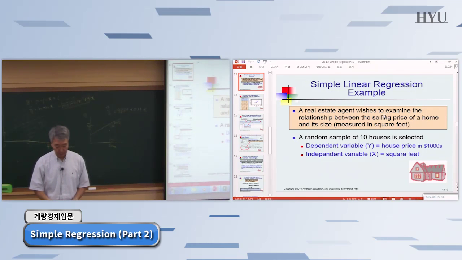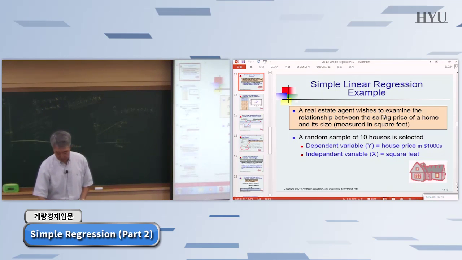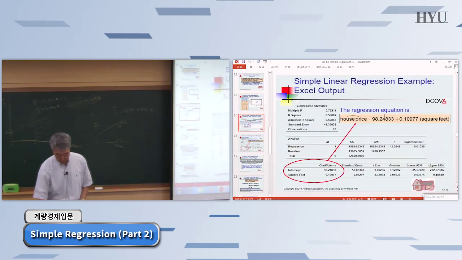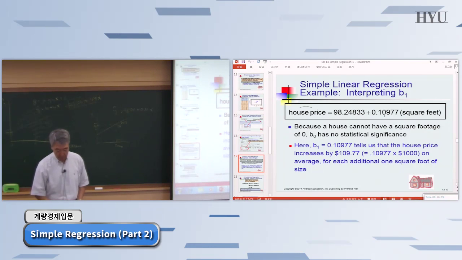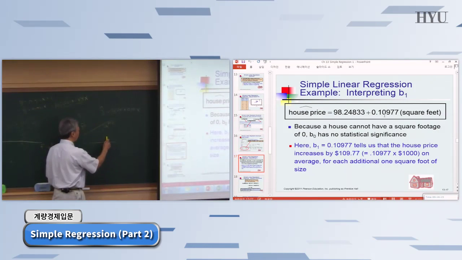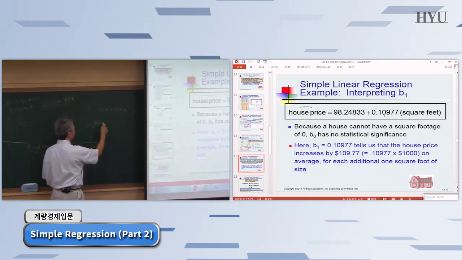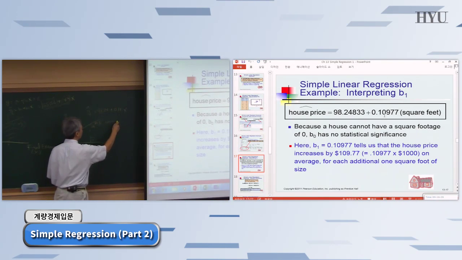Y value, square feet. The x is measured in square feet, but y is measured in $1,000, okay? So when we say 0.10977, for every 1 unit increase in square feet, the change in y is 0.10977 times $1,000.